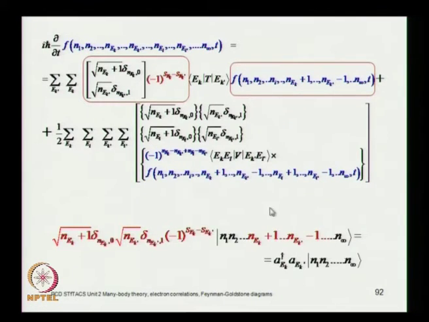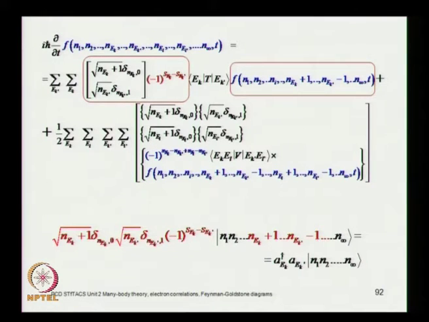Now, what you find is that that is exactly what you are doing. If you have a general occupation number vector n1, n2 all the way up to n infinity, then only if E k prime is occupied, which is why you have got E k prime comma 1 Kronecker delta. This Kronecker delta would be 0 if the occupation number of E k prime were not equal to 1.